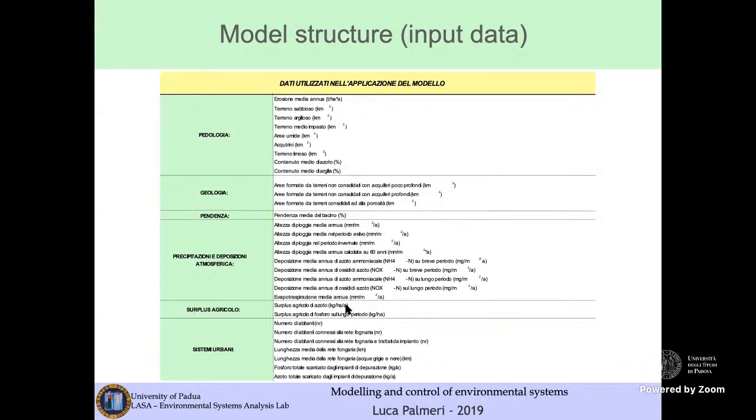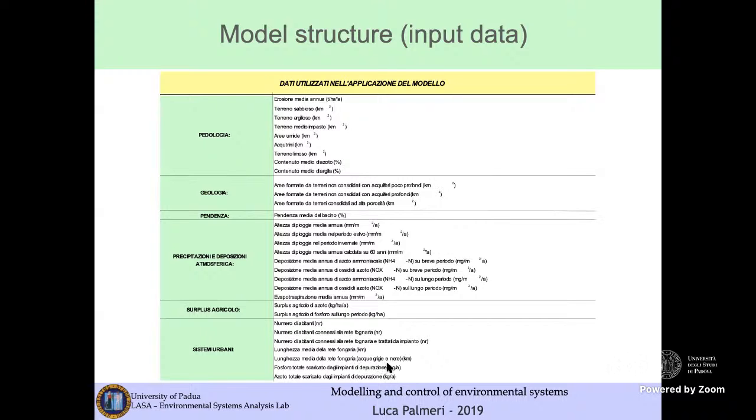And then we have to include several pieces of information concerning the urban systems. Number of inhabitants for each subbasin, number of inhabitants that are connected to a wastewater network, number of inhabitants connected to a sewage and treated through wastewater treatment plants, the average length of the sewage network, the average length of the mixed sewage network.